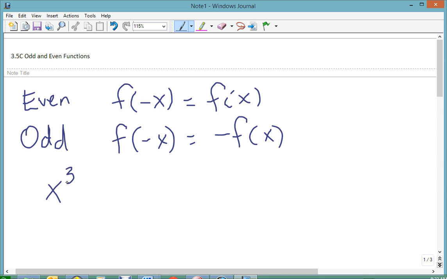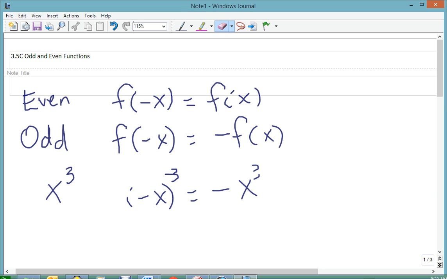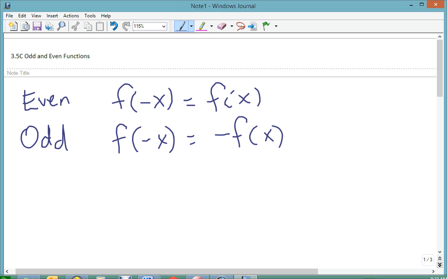If I plugged in negative x and cubed it, that would be 3 negatives, so that would be negative x cubed. And so you can see that this is exactly opposite of this. It's like a negative. So when we have several terms to look at, everything has to be the opposite.